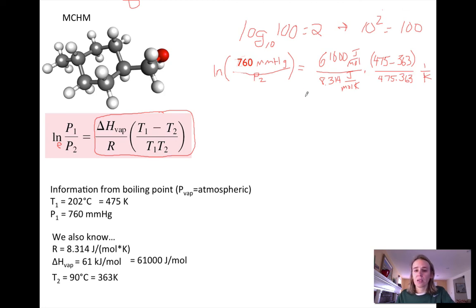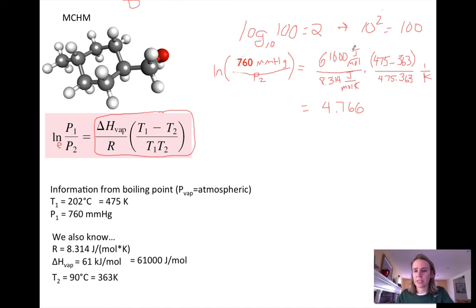So doing out that math, if we do 61,000 divided by 8.314 times 475 minus 363 in parentheses, divided by the product of those two, we're going to end up with 4.766. So make sure you have parentheses on that subtraction in your calculator, and then you should be good to go.